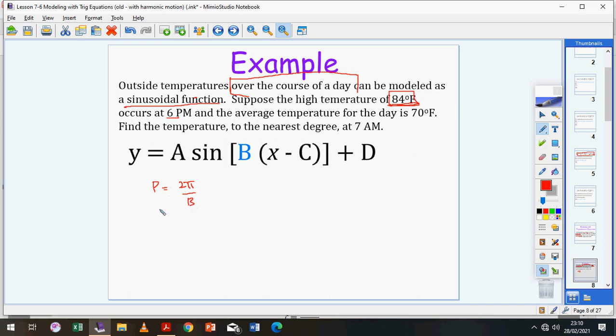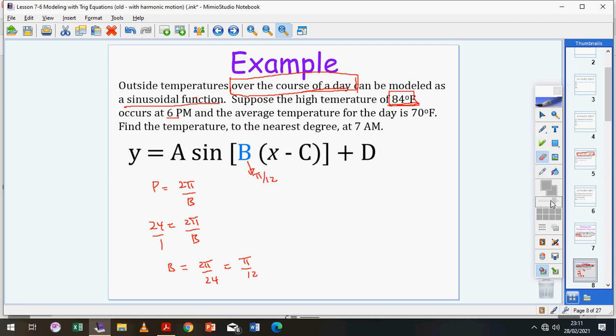Now it's known that the period is 1 day, so 24 hours is equal to 2 pi over b. If I solve for b, I'll end up with b is equal to 2 pi over 24, which is the same thing as pi over 12. So I know what b is. B is pi over 12.